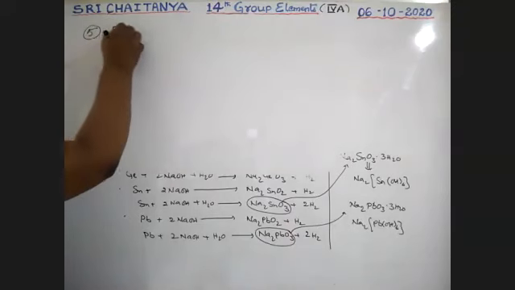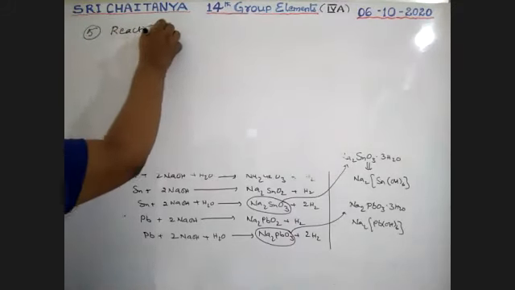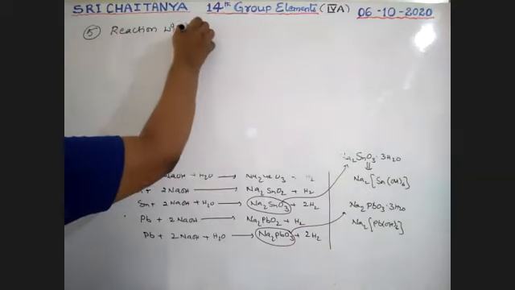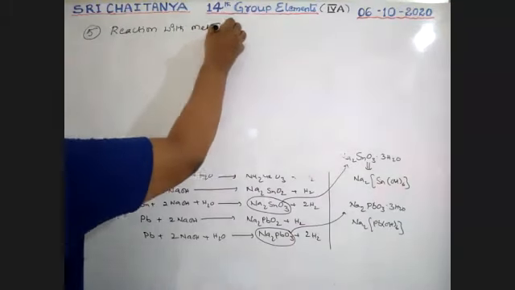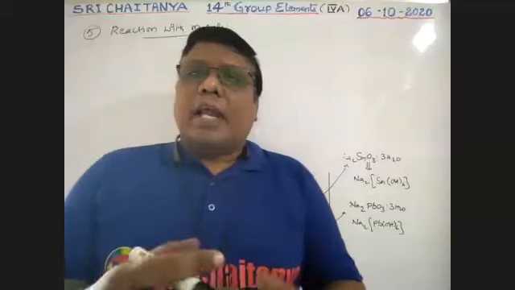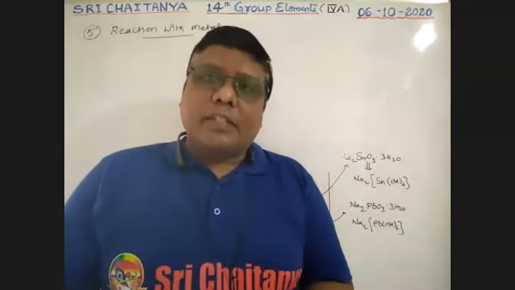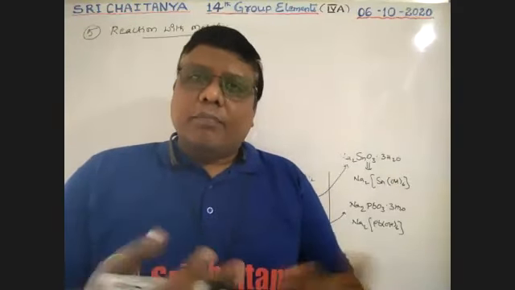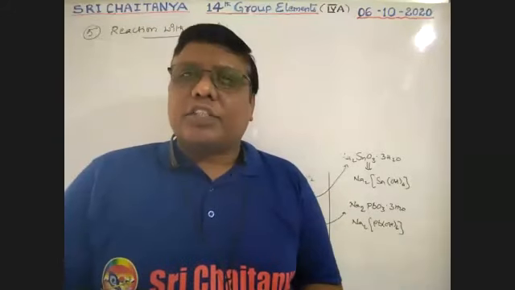Reaction with metals. See boys, when carbon reacts with metals, it gives respective carbides, like beryllium carbide, aluminum carbide, and so on.